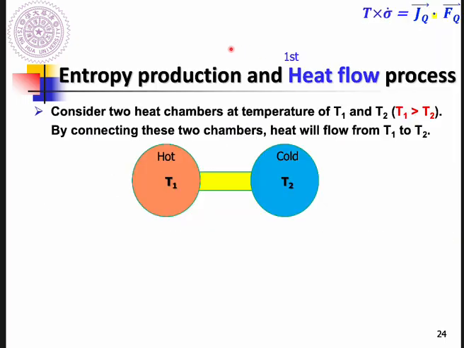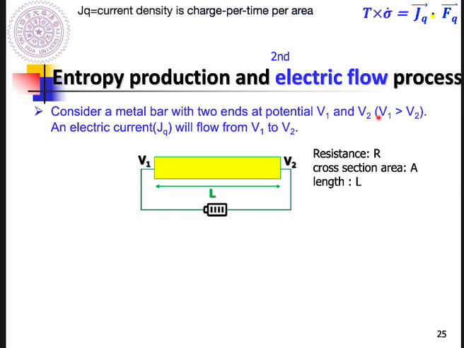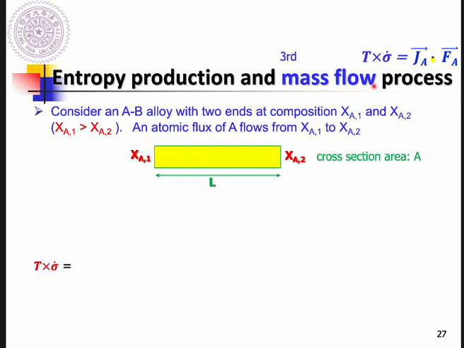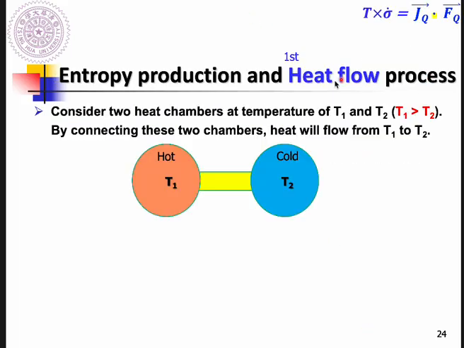So the first one would be the heat flow process. The second one would be the electrical flow process. And the third one would be the mass flow process. So what is the heat flow process?